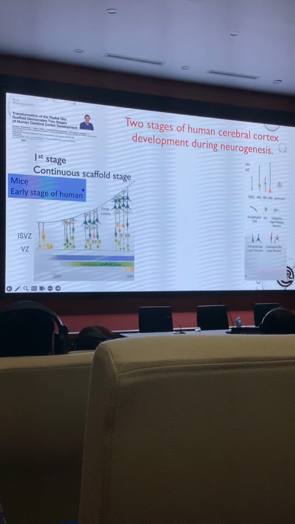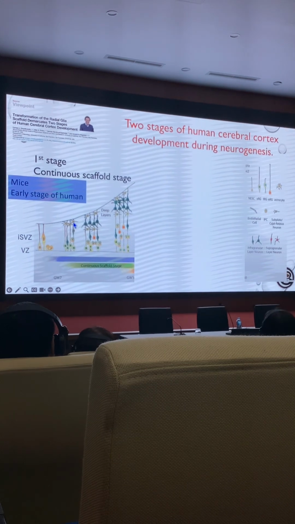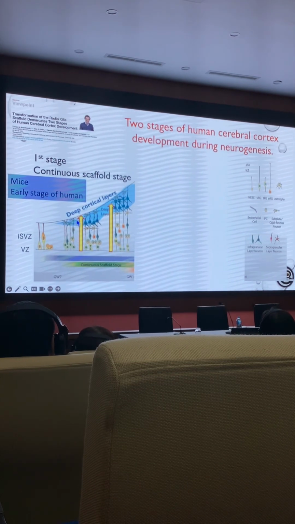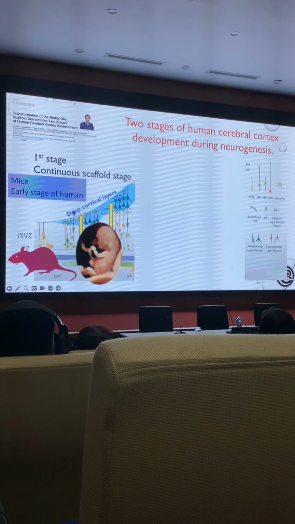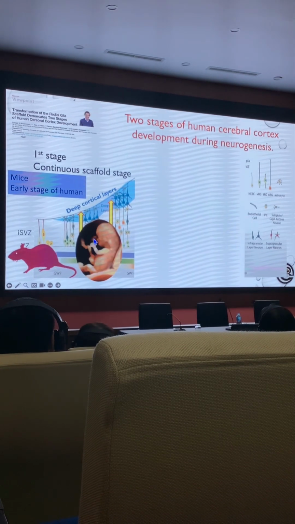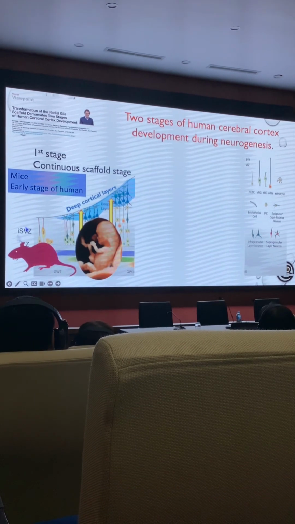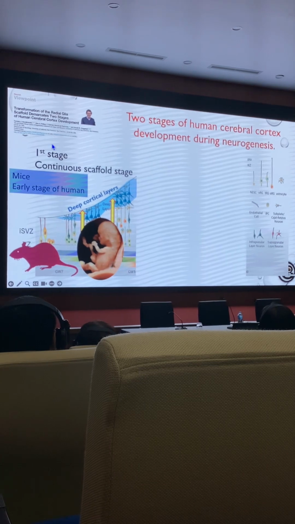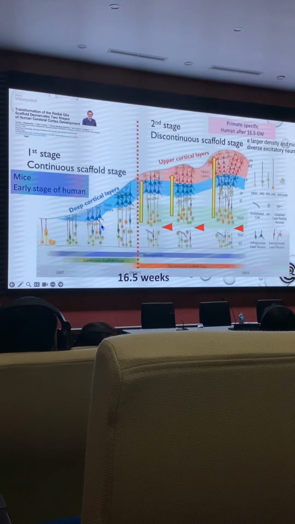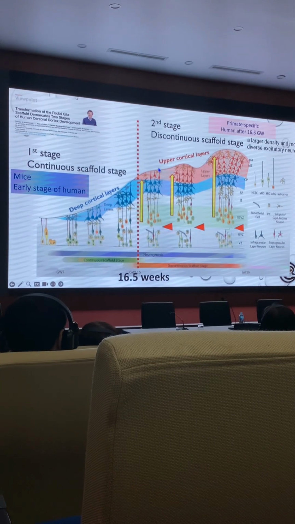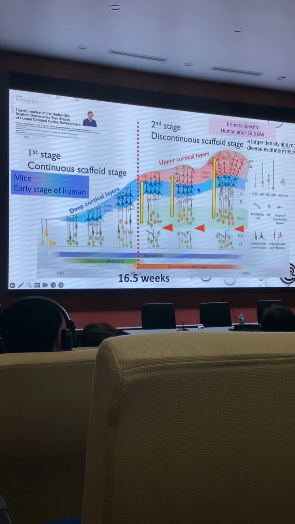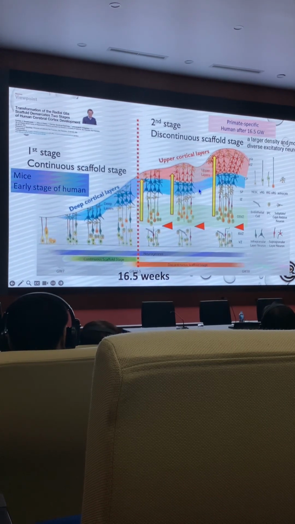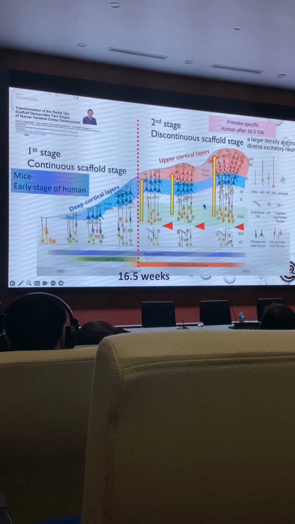Now, as I told you, there are two stages of the human cerebral cortex. The mouse has the first stage also. The mouse and also the small fetus have the same first stage, and then the second stage. The second stage is very important for humans. This is primate specific.